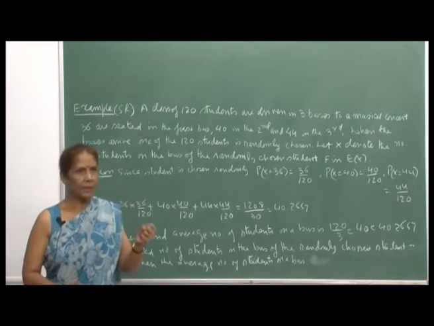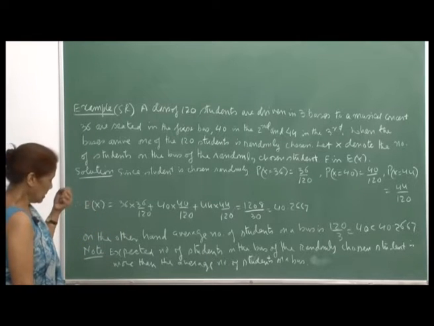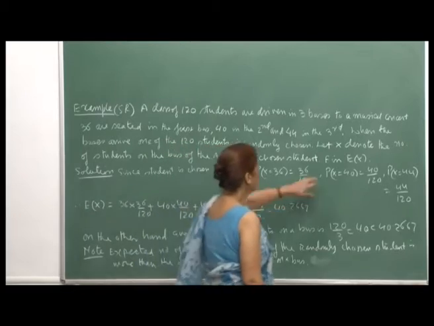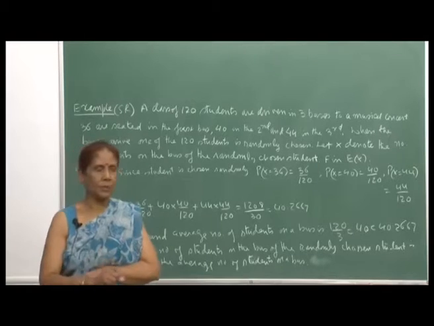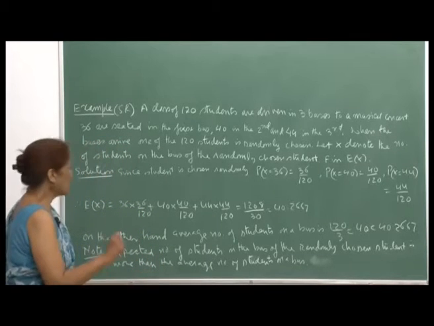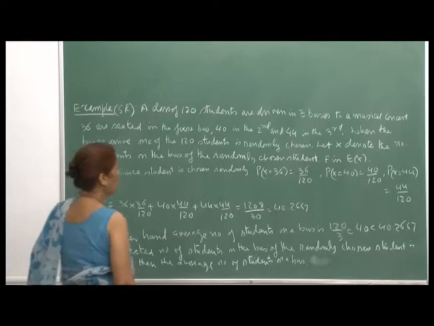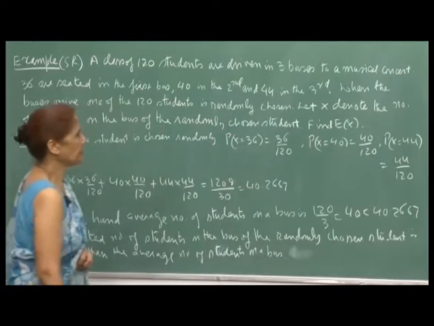So, we picked up one student randomly, and I have chosen one of the students out of 120, then x is the random variable which denotes the number of students on the bus on which this randomly chosen student was sitting. So, you have to find E x. So, find the expected value.